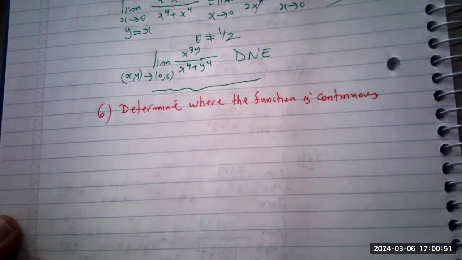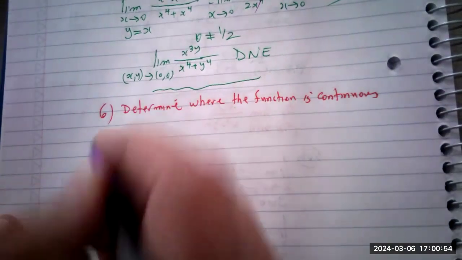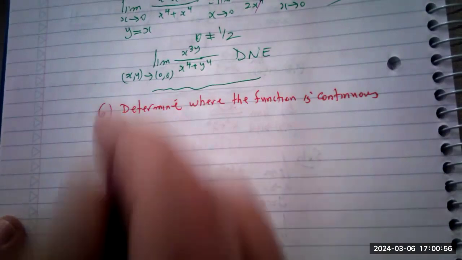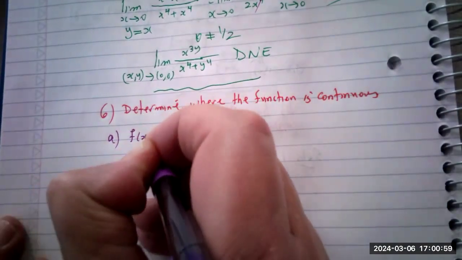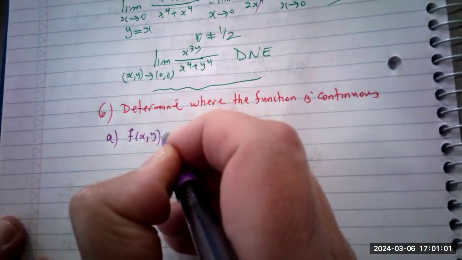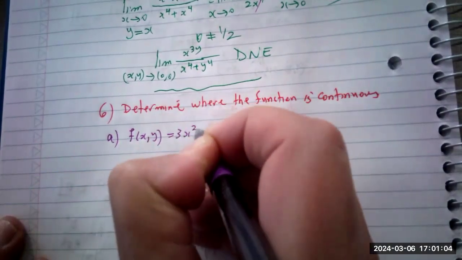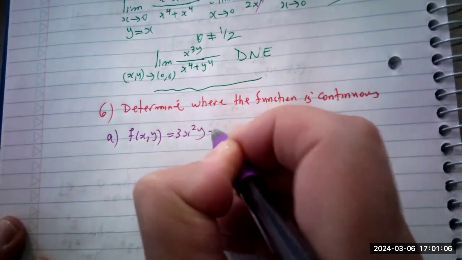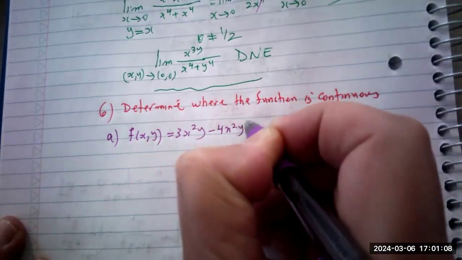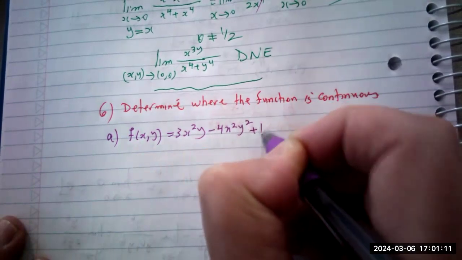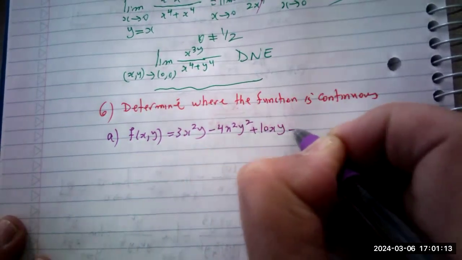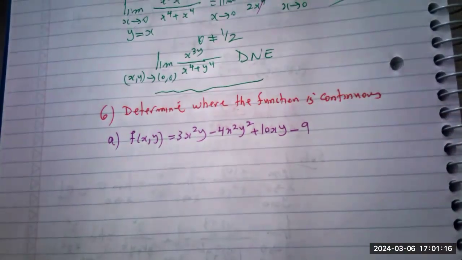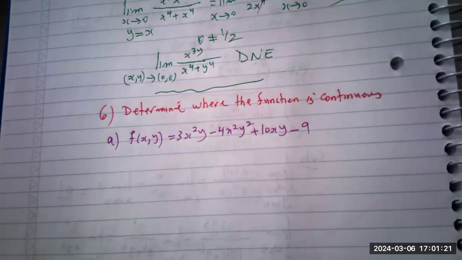Okay, the first group is the straightforward one. The first one is a function of two variables, f of x comma y, equal to 3x squared y minus 4x squared y squared plus 10xy minus 9. What type of function is this one? If you have a function, you have to find the domain of the function.